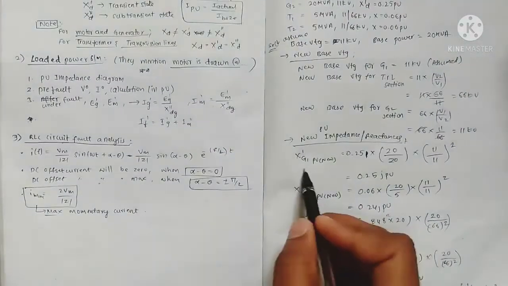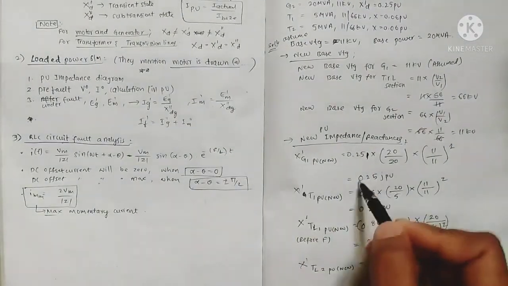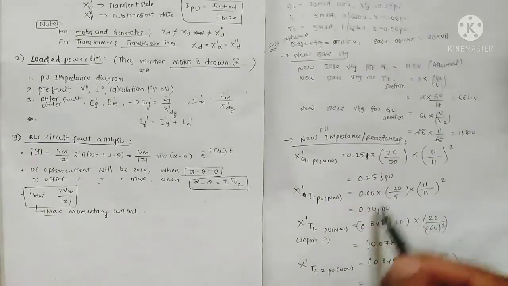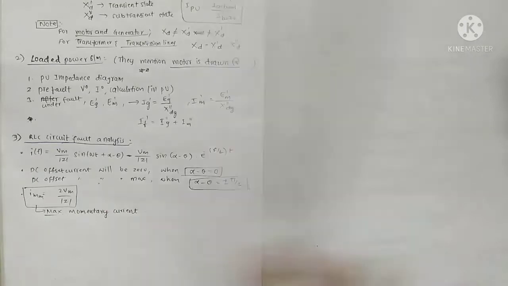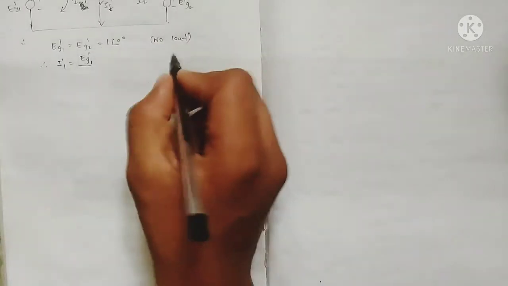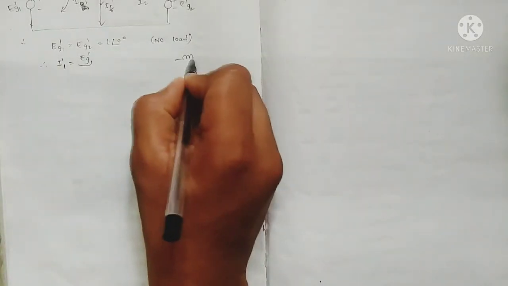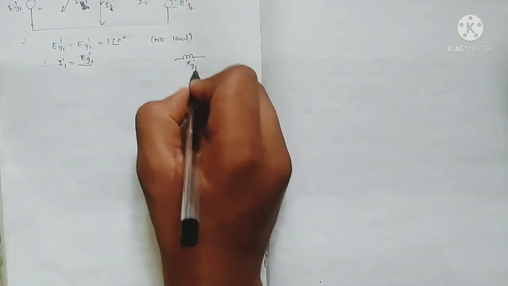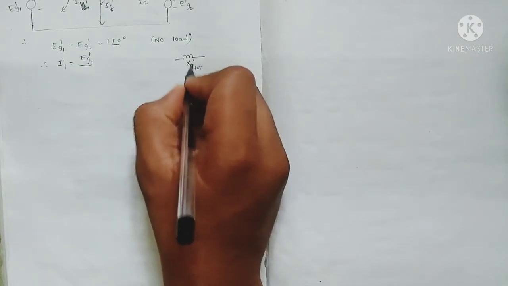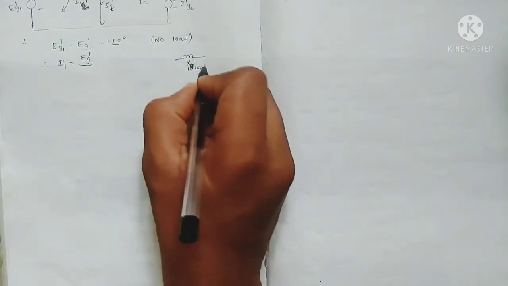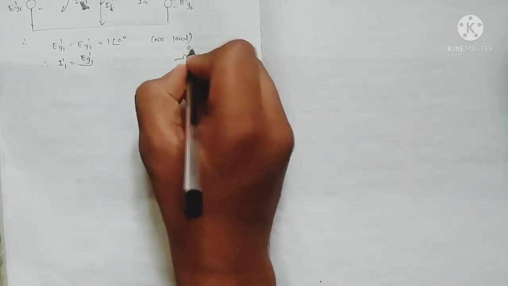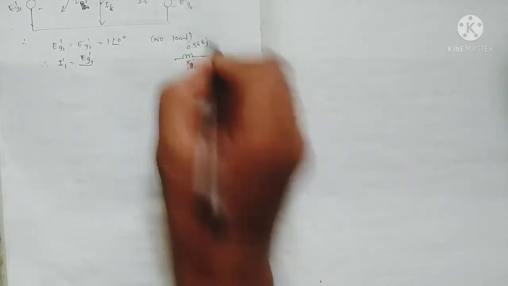These three reactances are 0.25, 0.24, 0.78. Let me draw a simple circuit. This is Xg dash; consider X1 total, this side total. After adding, we get 0.68J.